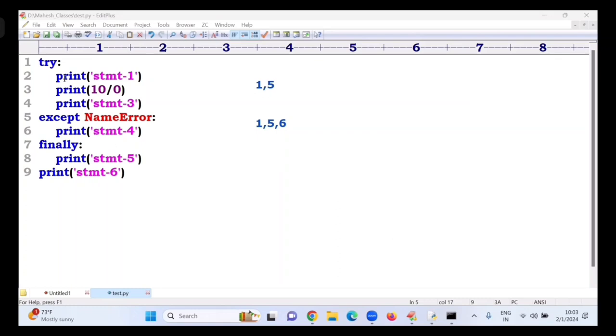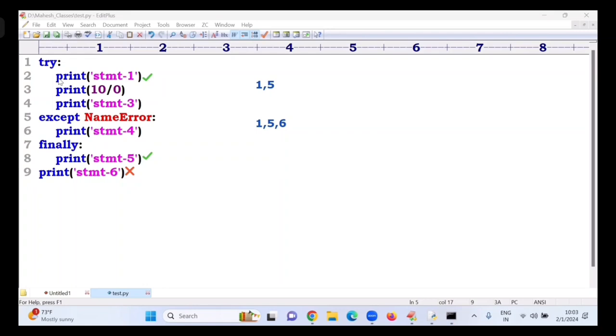Here the output: first, 1 will definitely be executed. Whenever an exception occurs, the cursor comes to the except block, but it does not match. So 4, no chance. Finally block is executed at any cost, you know. Whenever you have not handled exceptions, the rest of the program is not executed. So the only output is 1, 5, abnormal termination. 6, no chance, because the runtime error came, so the program is not executed further.